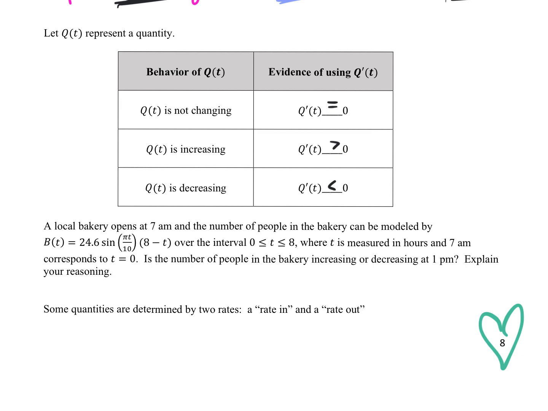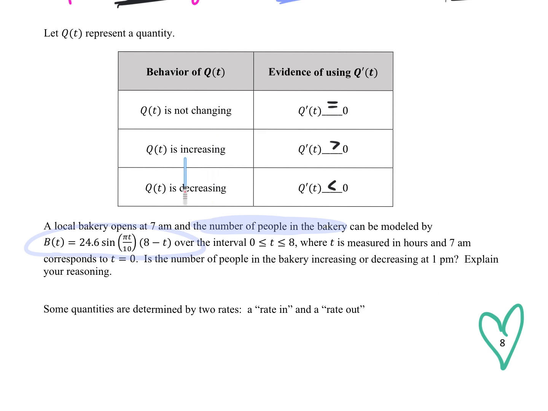So you guys, they said the number of people in the bakery is this. Would you say B is a position, a velocity, or an acceleration if it's the number of people? It's a position, right? Where T is measured in hours and 7 a.m. corresponds to T equals 0 because it doesn't open till 7. Is the number of people in the bakery increasing or decreasing at 1?